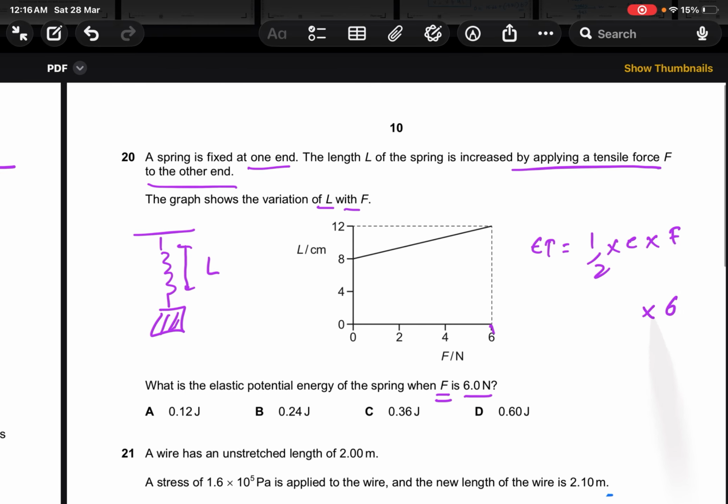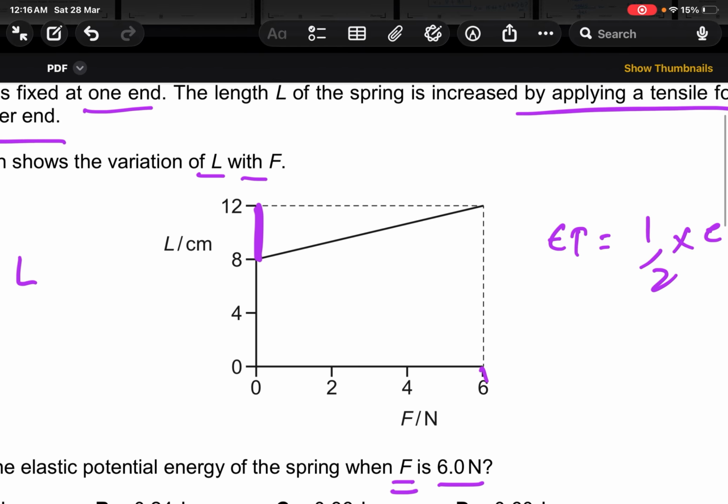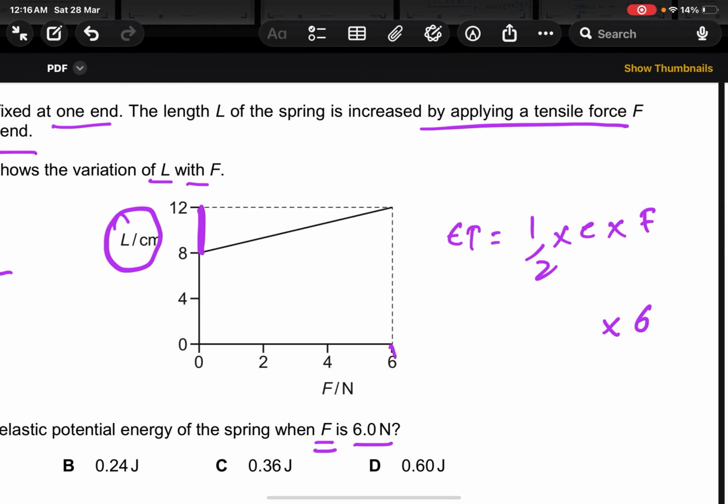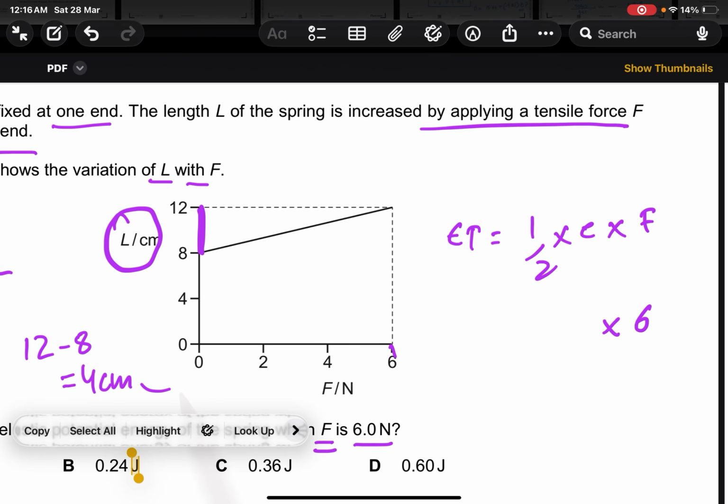Force is 6 Newton, extension is this. Remember, don't take the entire length. This L is the entire length of the spring. You only have to take the extension. Extension is going to be 12 minus 8 equals 4 centimeter. Convert it to meters because centimeter is not going to do your work.